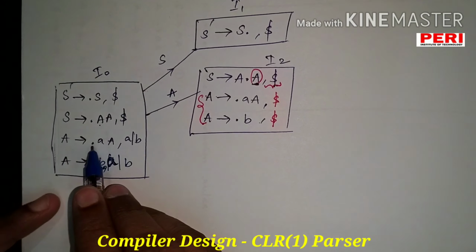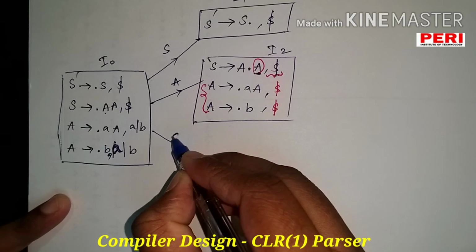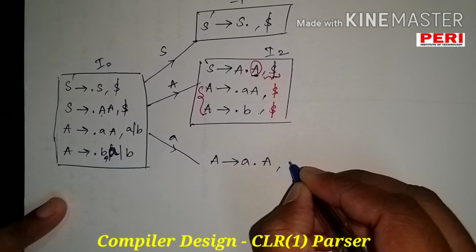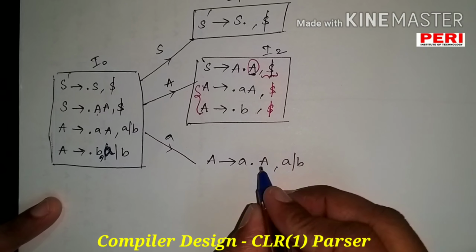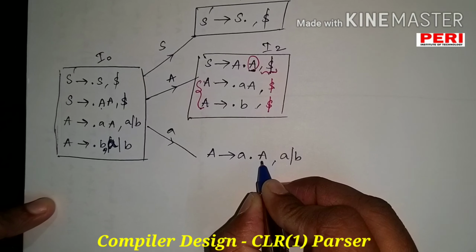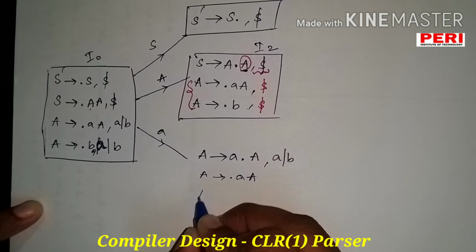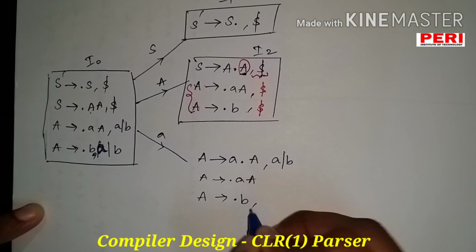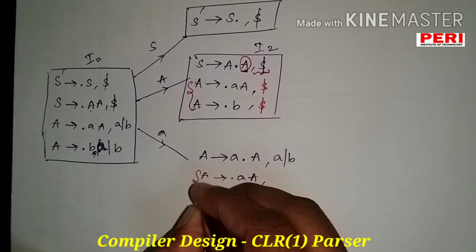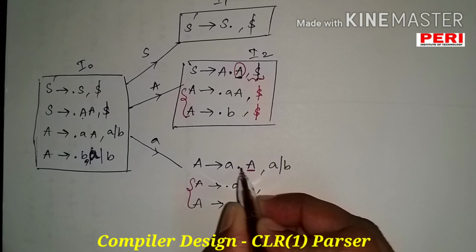Coming to the next production. The dot has to move to the next position, which means traverse through small a. On moving through small a, capital A tends to a dot A, comma, a or b. Now, as you already know, a non-terminal follows the dot symbol, therefore you are supposed to add the non-terminal's productions. Therefore, A tends to dot a A, and A tends to dot b. Here similarly you may have a doubt about what look ahead you have to add. These two productions are for this non-terminal, since this A is followed by the dot symbol.